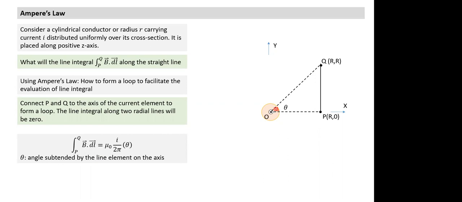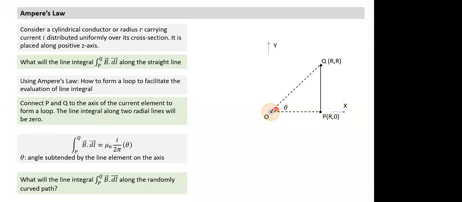Nitya, is it clear? Yes, sir. No doubt? No, sir. Good. Okay, since Nitya, you understood, let me change this one. So not PQ. Suppose I have a path like this. I have from P to Q, I give some shape. I'm telling you to find the line integral from P to Q along an arbitrary path.